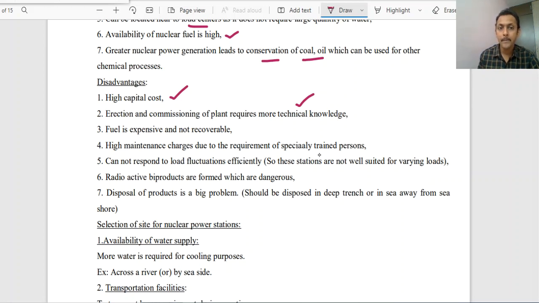And also the nuclear fuel is very expensive, right? Another drawback is that nuclear power plants cannot respond to load fluctuations efficiently, right? And also disposal of the waste is a big problem. So these are the drawbacks we are having.